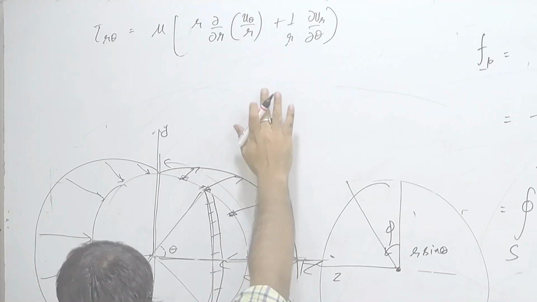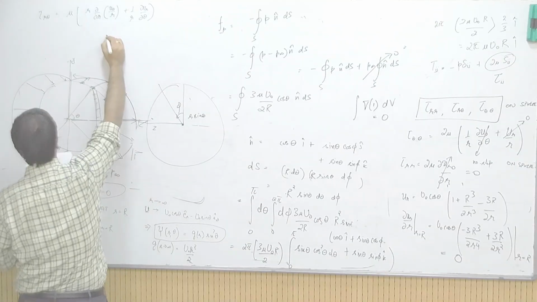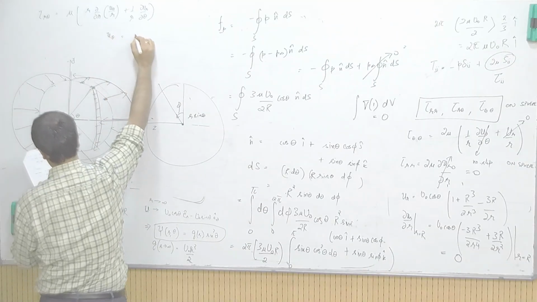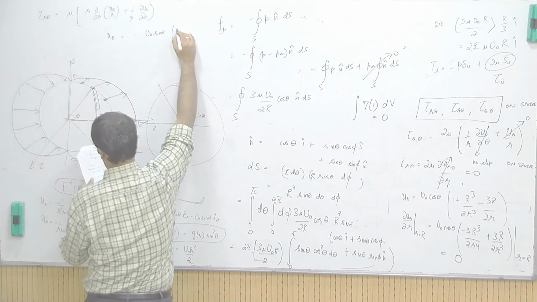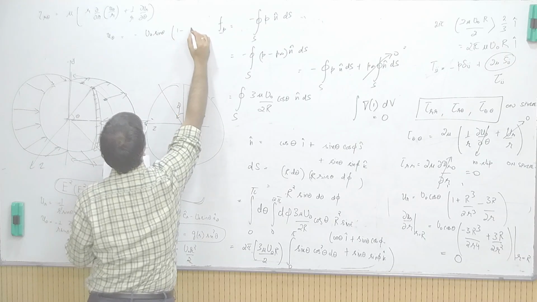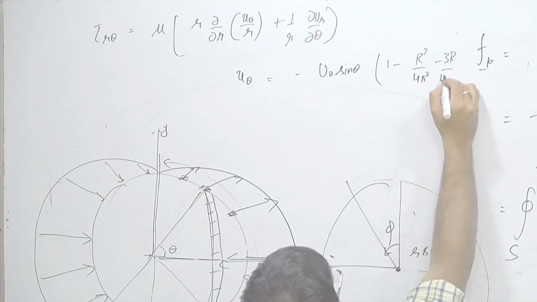So to compute this tau r theta, we have u r, and we have u theta also. U theta was minus u naught sine theta times 1 minus capital R cube by 4 r cube minus 3 capital R by 4 small r.